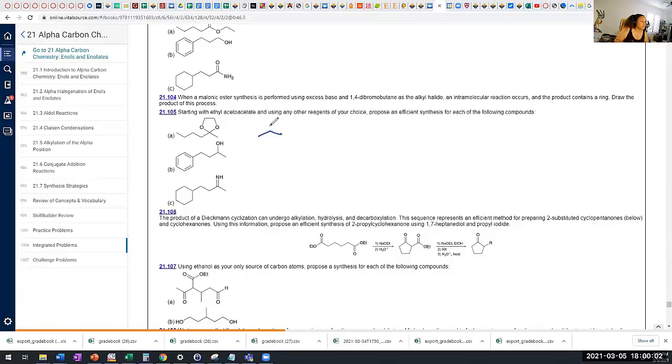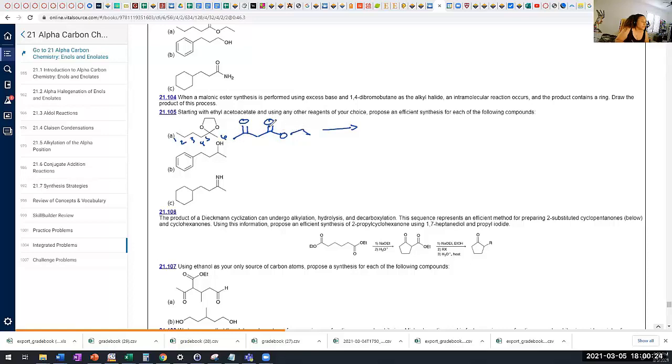So ethyl acetoacetate is this thing. And so what we want to do is we notice that we have 1, 2, 3, 4, 5, 6 carbons, and I have this structure.